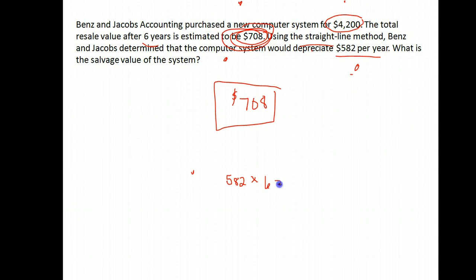So the total depreciation then would be $3,492. Its salvage value would be whatever value's left. Well, it started being worth $4,200. It depreciated by $3,492. What value is left? Ta-da! $708. Again, that's exactly what salvage value is, the amount you could get out of it when you're done with it.